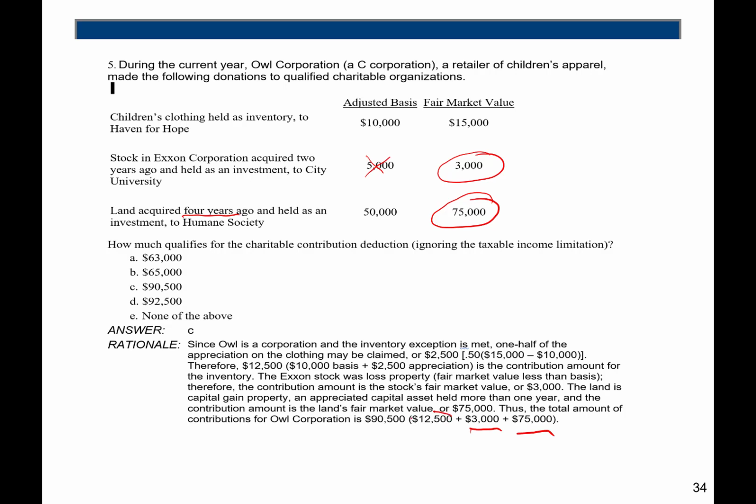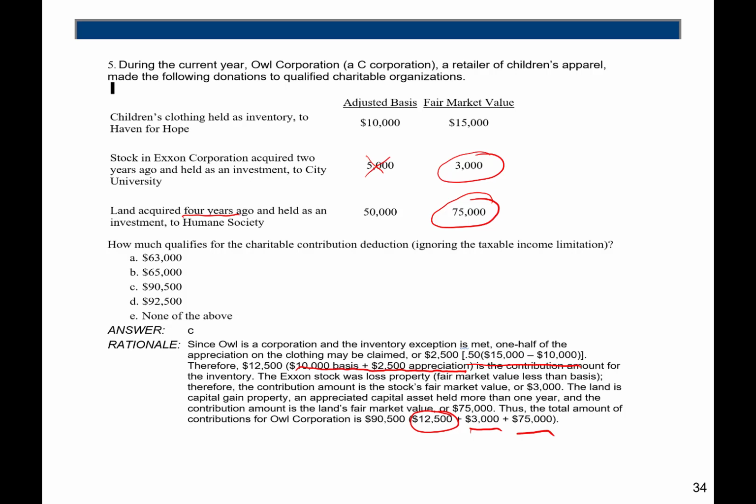How did they come up with this 12.5? Well, to come up with the 12.5, they're going to take the 10,000 basis plus half the appreciation, 50% of the appreciation of 5,000, which brings us to this 12.5, right?